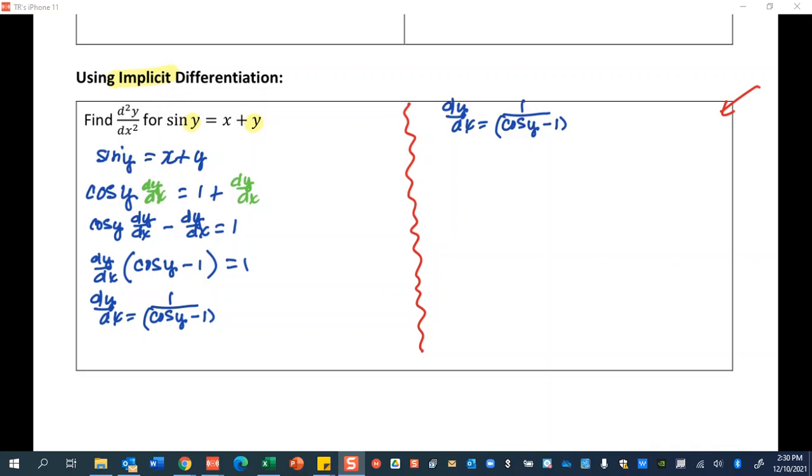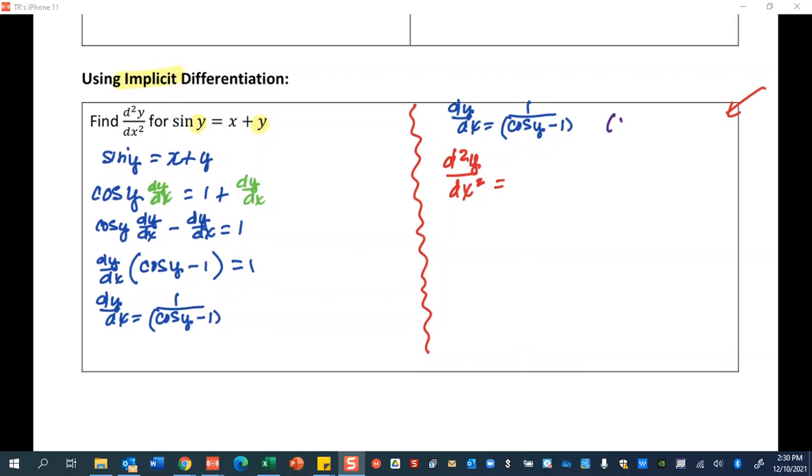So if I wanted to find my second derivative, my d2y over dx2, when I go to take this, I can either do the quotient rule, or I can just rewrite this as the cosine of y minus 1 to the negative first power.